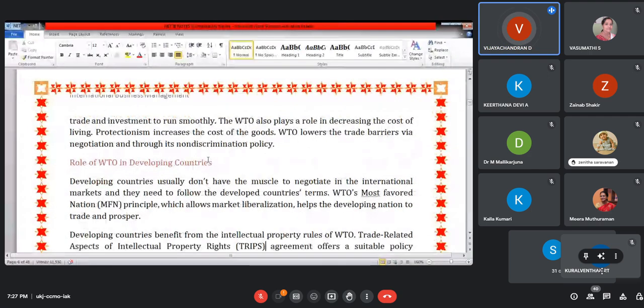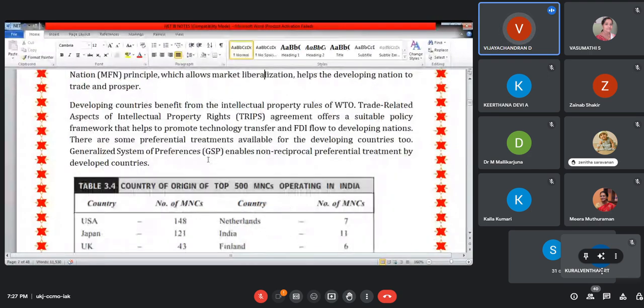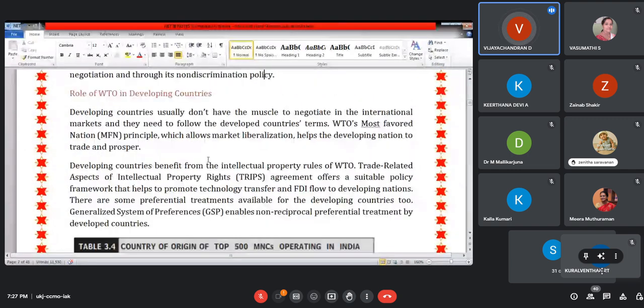With the help of the WTO, what are the benefits for developing countries like India? It negotiates in the international market, and they follow the developed countries' terms. The WTO's most favored principle, MFN, allows market liberalization and helps a developing nation enter the trade.